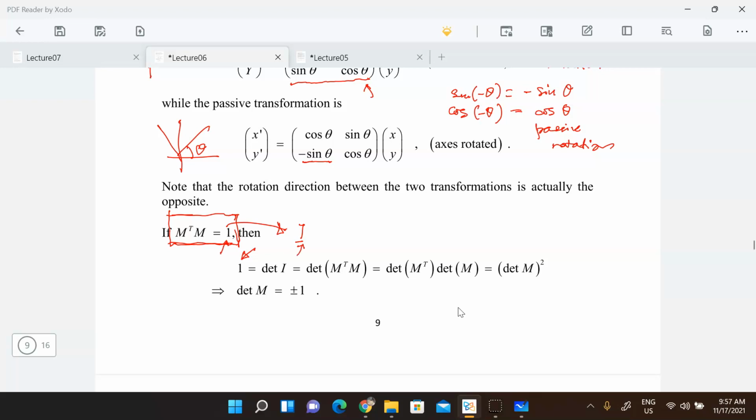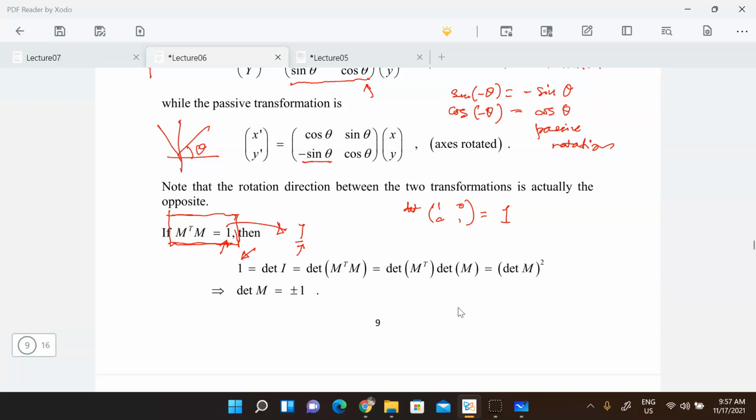So please be aware of this laziness of mathematicians or physicists in their books. They understand it, and the identity behaves like 1, for example. Here, the determinant of the identity, 1 0 0 1, is just equal to 1.